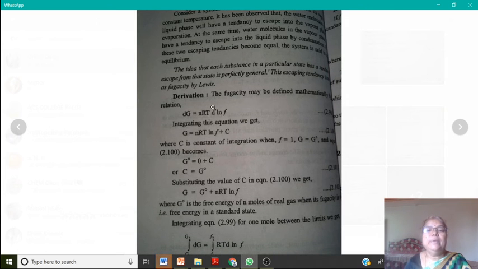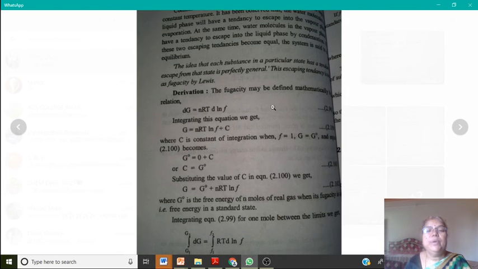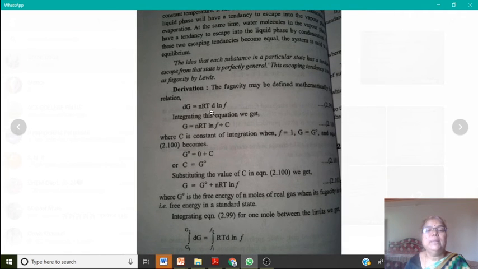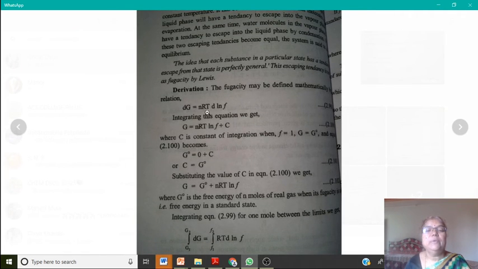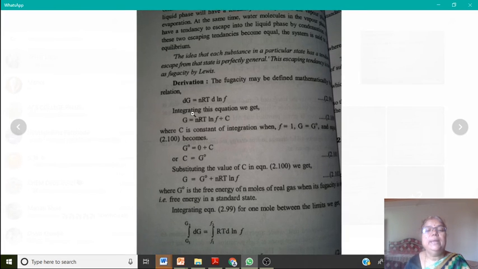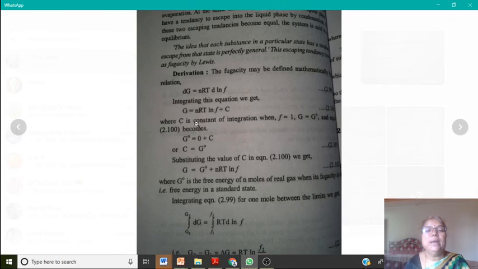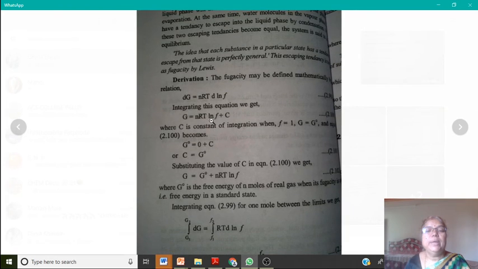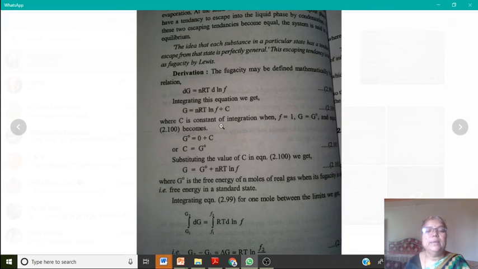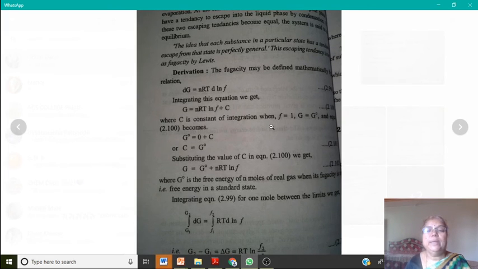Here is the derivation of fugacity. The fugacity may be defined mathematically by this equation: dG equals nRT d ln f. Integrating this equation, we get G equals nRT ln f plus c, where c is the constant of integration.